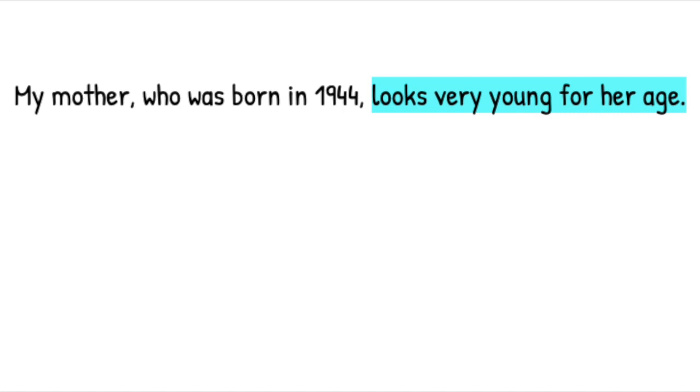Now a noun, who sentence is perfect when describing a noun that is a person. So that is where I would recommend using that type of sentence. So the who is a relative pronoun.